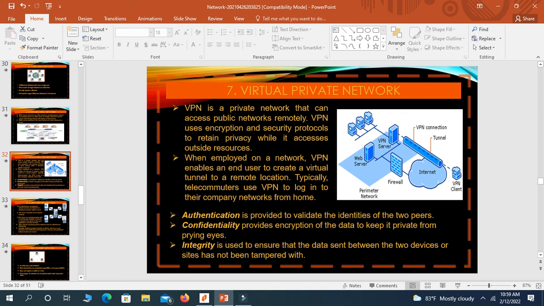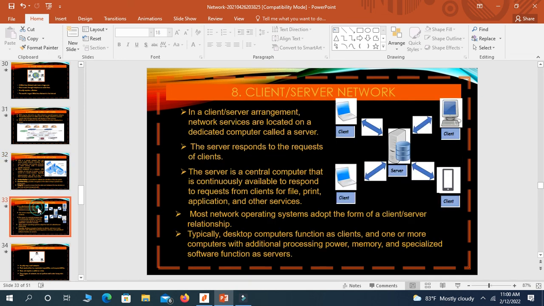So as you can see, there is a VPN client, there is a tunnel. Through this tunnel, it is accessing the VPN server, and then they are connected to the device that they are trying to fetch the data from. So this is how the VPN works.